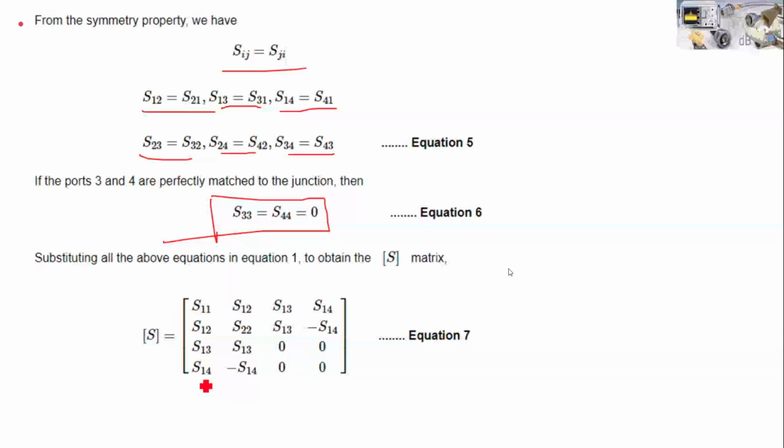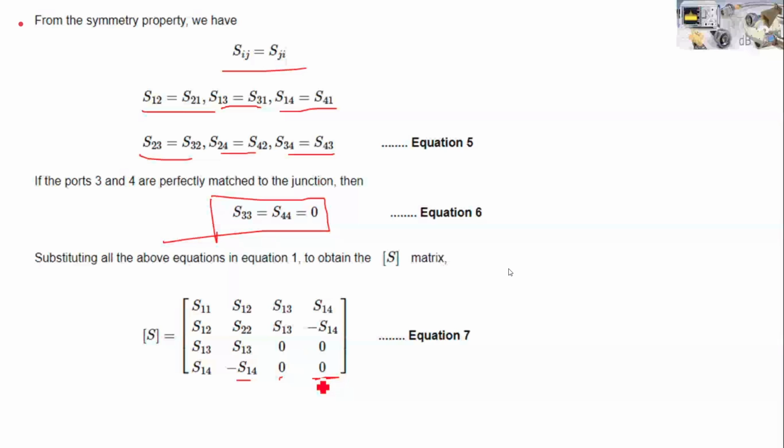I have put this value. Similarly S41 is S14, S42 is S24 and it is equal to minus S14, then this is 0 and S44 is equal to 0. So by putting the above conditions, we have replaced this particular matrix by the values which we have found above.